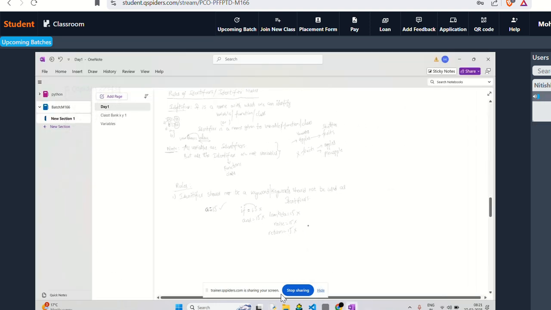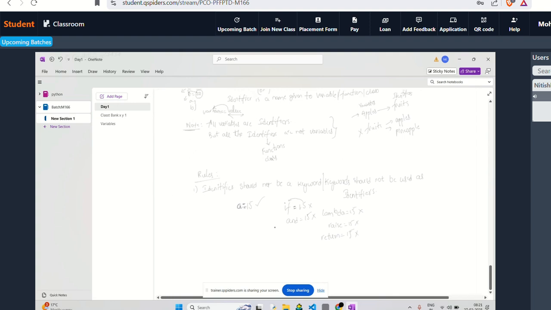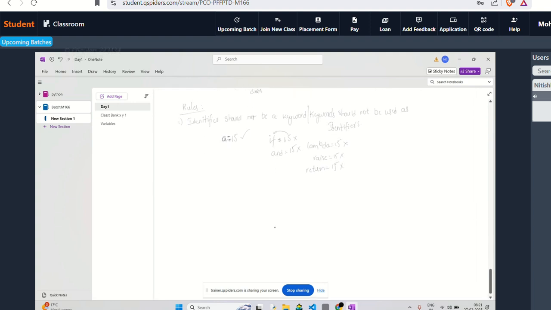This is the first rule. And the second rule is identifier should not start with a digit.